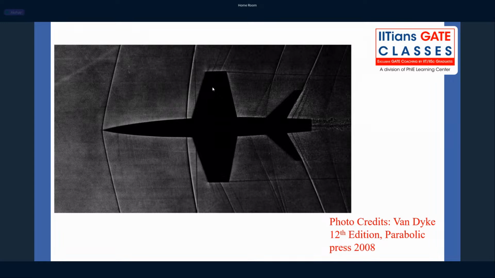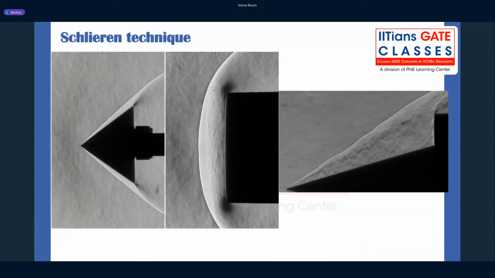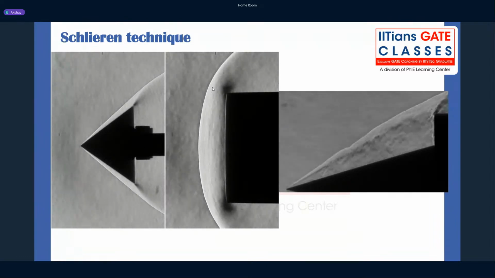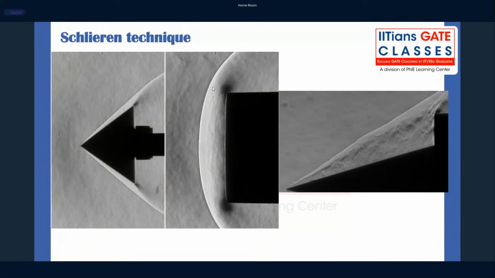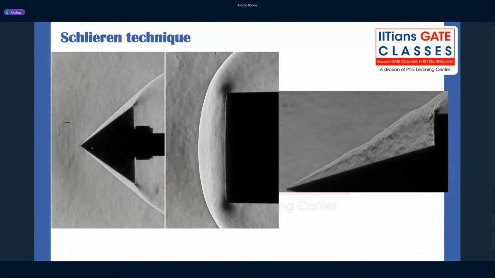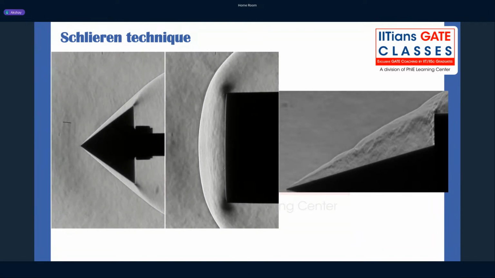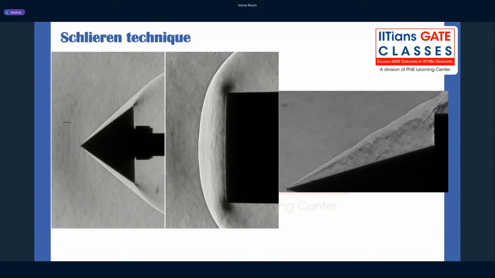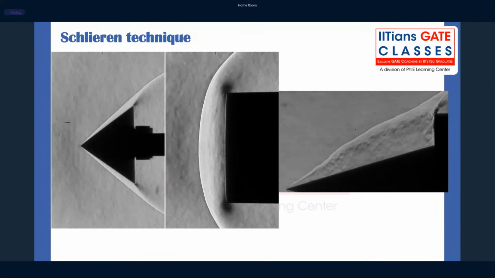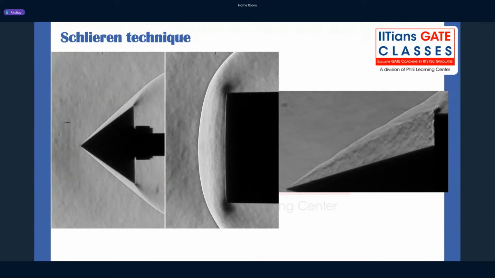Now moving on to the Schlieren technique. Here I am showing a few videos from my own experiments, where I used the Schlieren technique. Here you can see that there is a conical shock sitting in front of the cone, a bow shock sitting in front of the bluff body, and some shock structure which is moving because of the combination of two bodies.